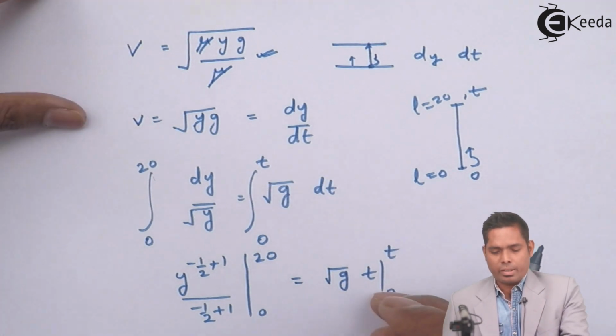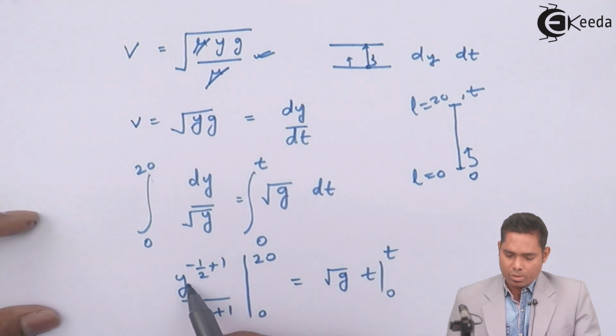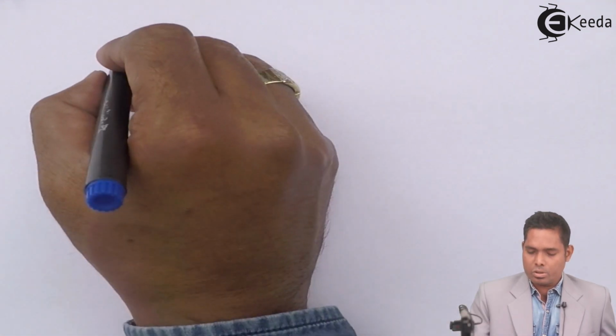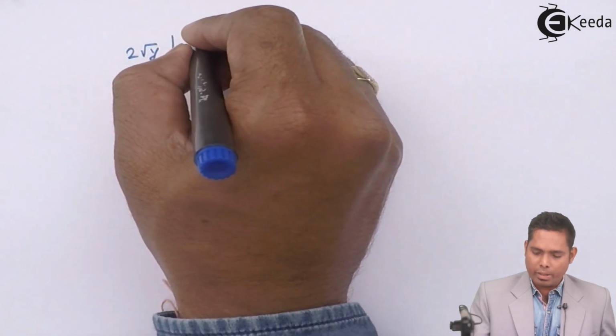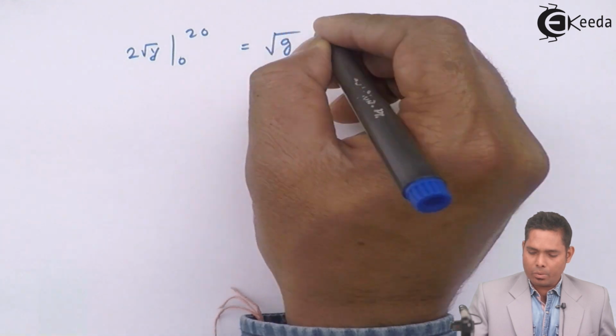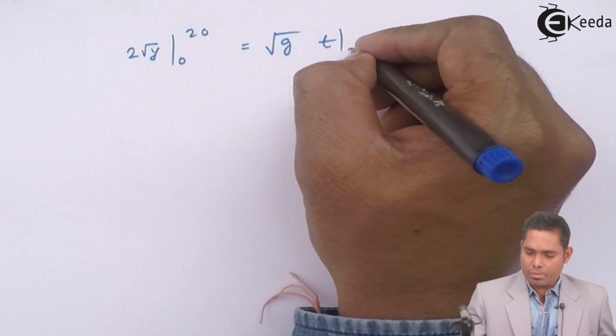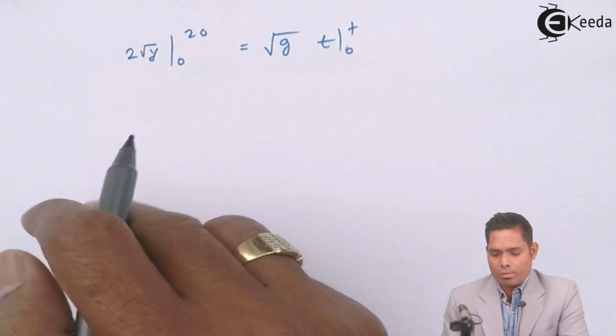Okay, I will solve this to get the answer. This becomes y raised to half divided by half, so this is 2 root y, and this varies from 0 to 20, and that is root g into t varying from 0 to t. So I solve this to get the answer.